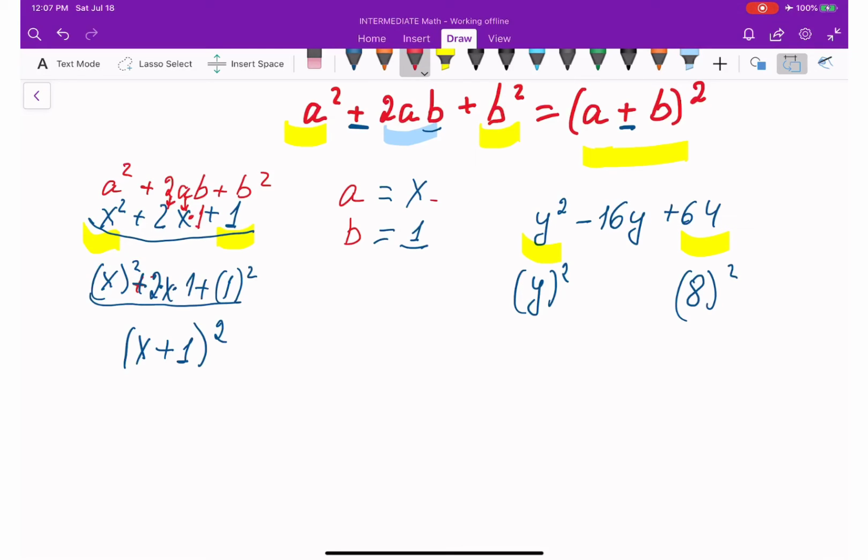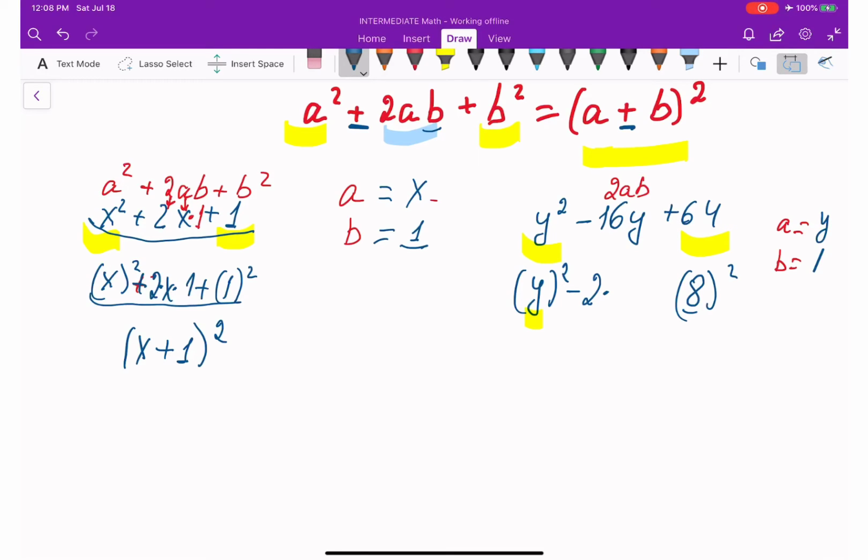Since I have minus here, it's going to be minus. 2 times, how much is my a here? My a is y, yes? Let me write down a and b. So my a is y and my b is 8.